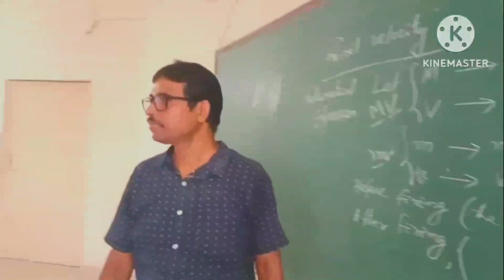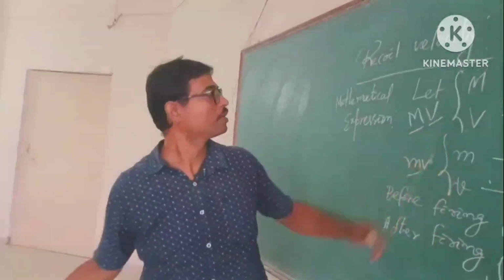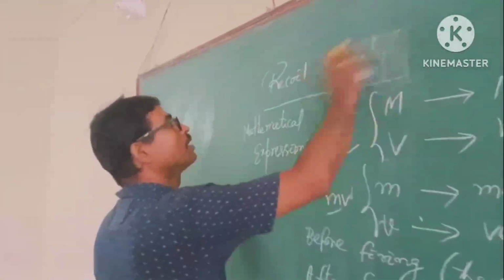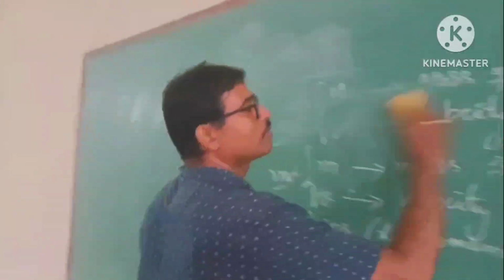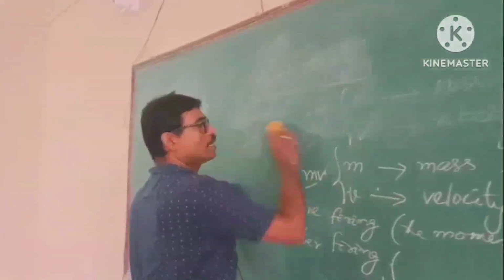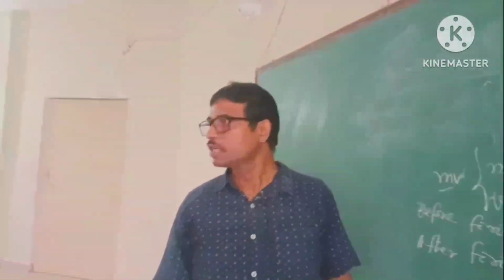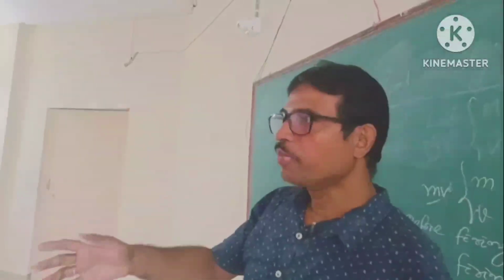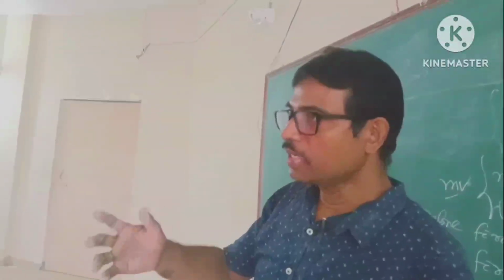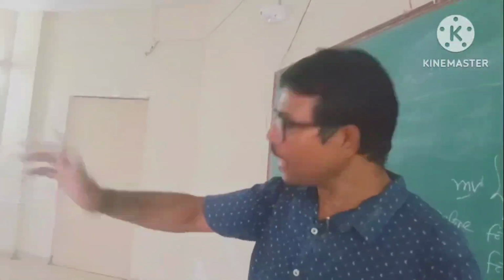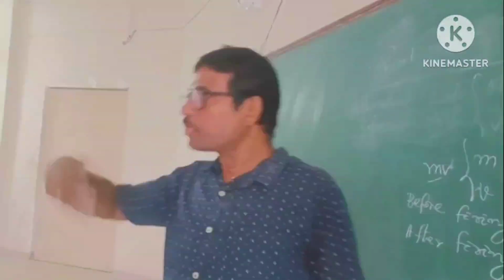Any problem? Okay, now due to lack of space I am erasing. Now what will happen? What is the law? The law is that total linear momentum before firing equals total linear momentum after firing.